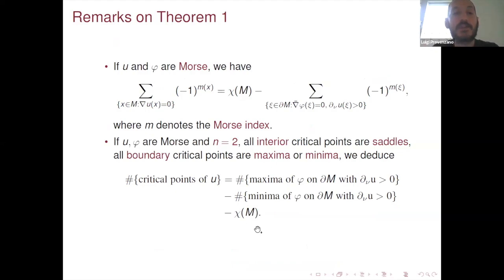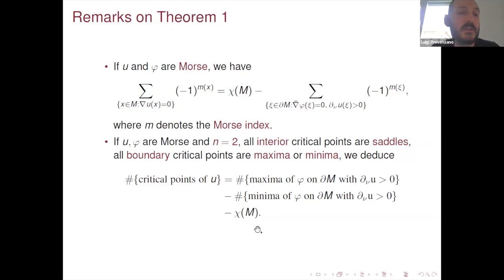Moreover, if these functions are Morse and the dimension is 2, we know that all interior critical points must be saddles, so index -1. And all boundary critical points must be maxima, so index -1, or minima, index +1.